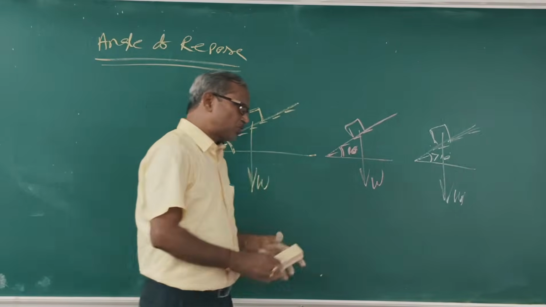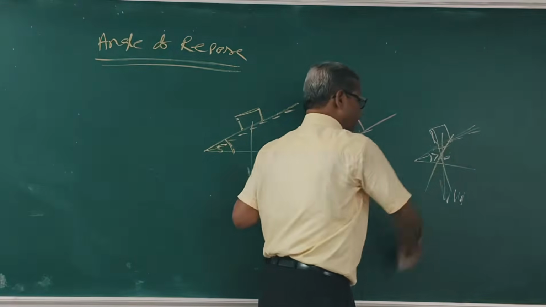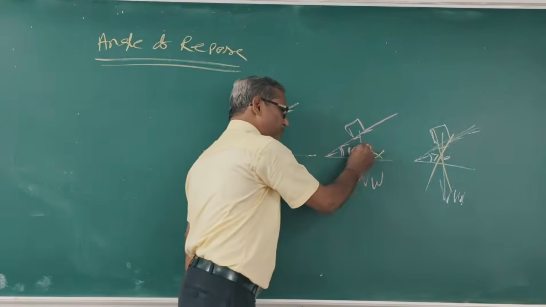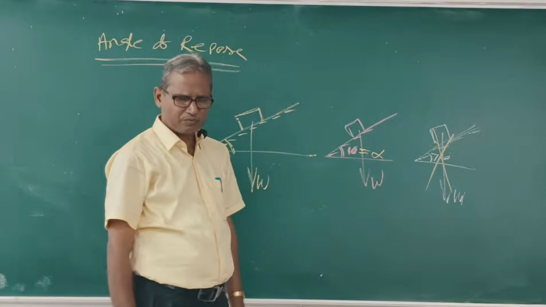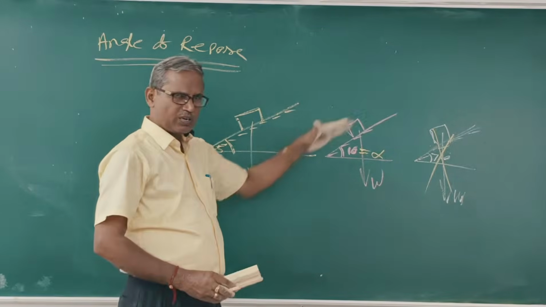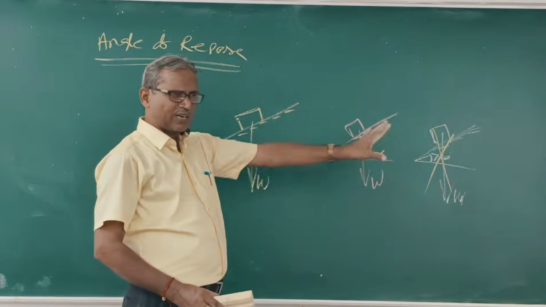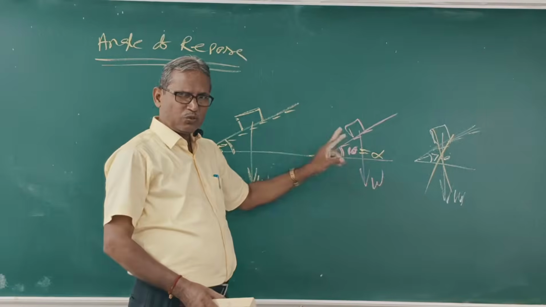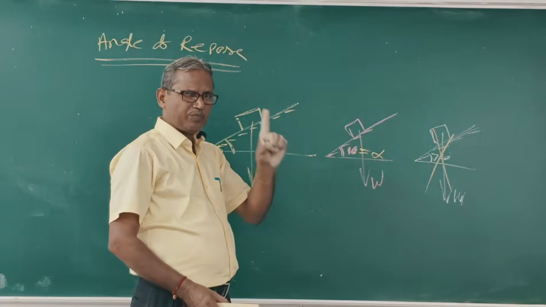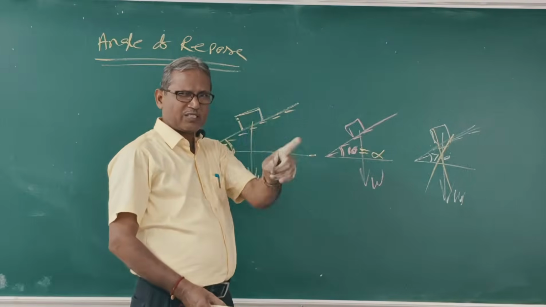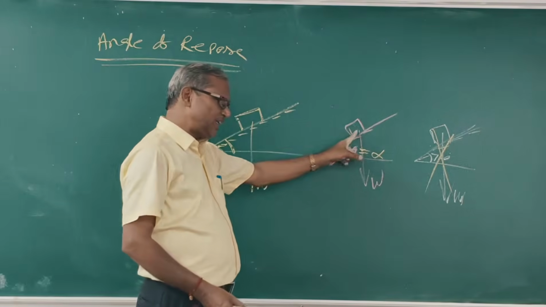So this angle is not the angle of repose. This 10 degree is called the angle of repose. Clear? When the body tries to move downwards, that angle is not the angle of repose. The angle of repose is the maximum inclination of the plane with the horizontal at which the body remains in equilibrium.